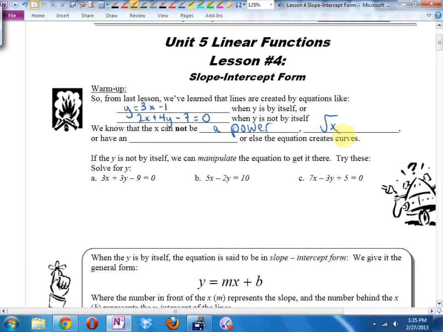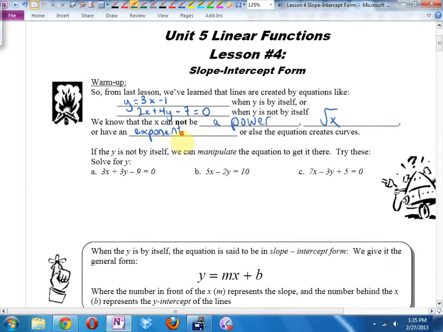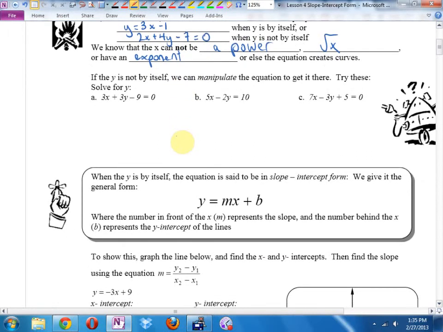It can't be inside a root, square root, cube root, which actually, according to flower power, is technically a power anyway, so it's really the first rule again. Or have an exponent, or anything else, any weird stuff. The equation creates curves. If the y is not by itself, we can manipulate the equation to get it there.